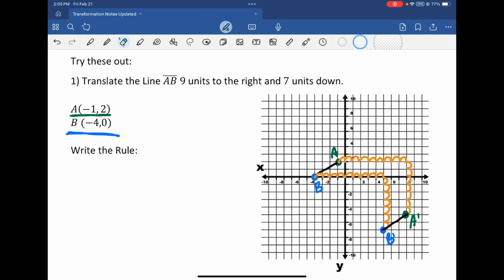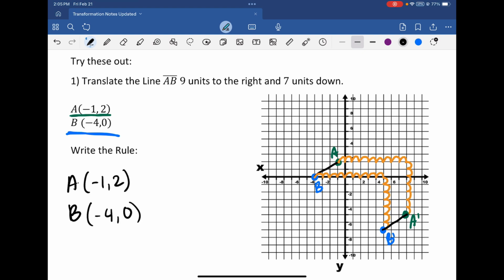But now let's write the rule. Your rule always starts out with x comma y, and then actually we're going to write it like this. We're going to write A and B. A was -1, 2, and B was -4, 0. And the rule is we move 9 units to the right, so that's x plus 9, and 7 units down, so it's y minus 7.